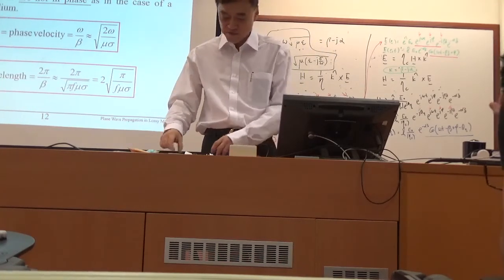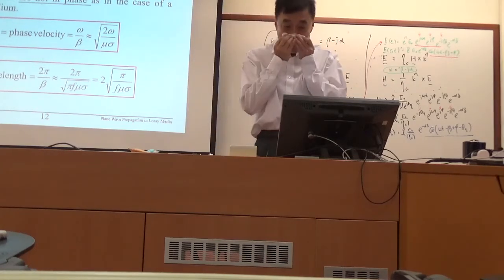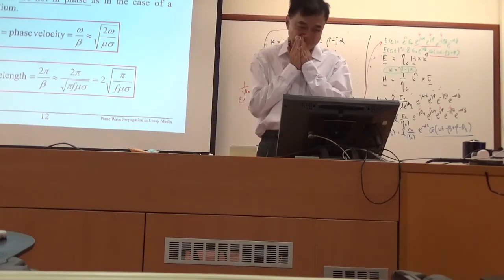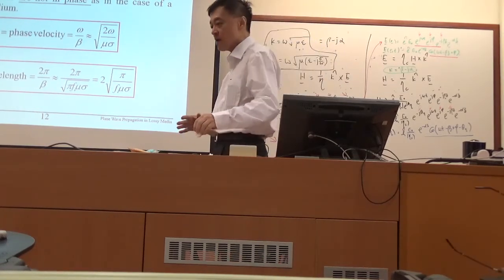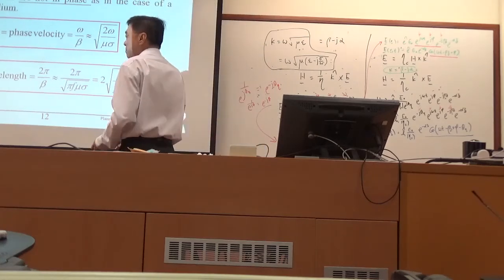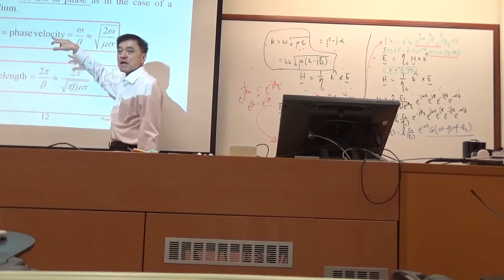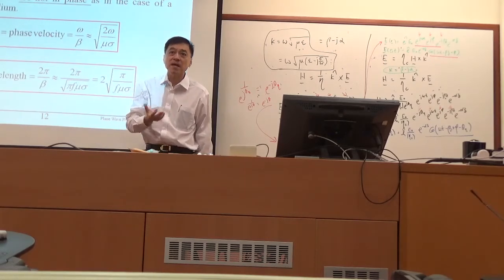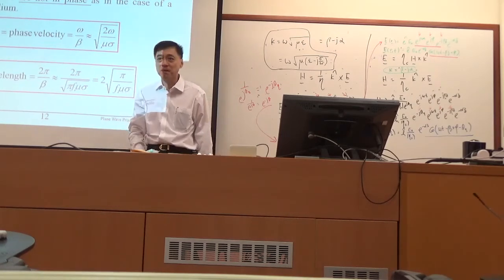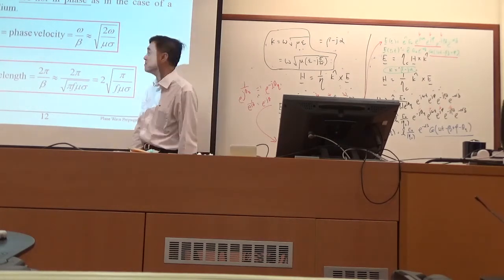And the velocity of propagation, the phase velocity. Remember, initially we defined the phase velocity as omega over k, but now k is a complex number, and the velocity of propagation cannot be complex. Never heard of a complex velocity of propagation.